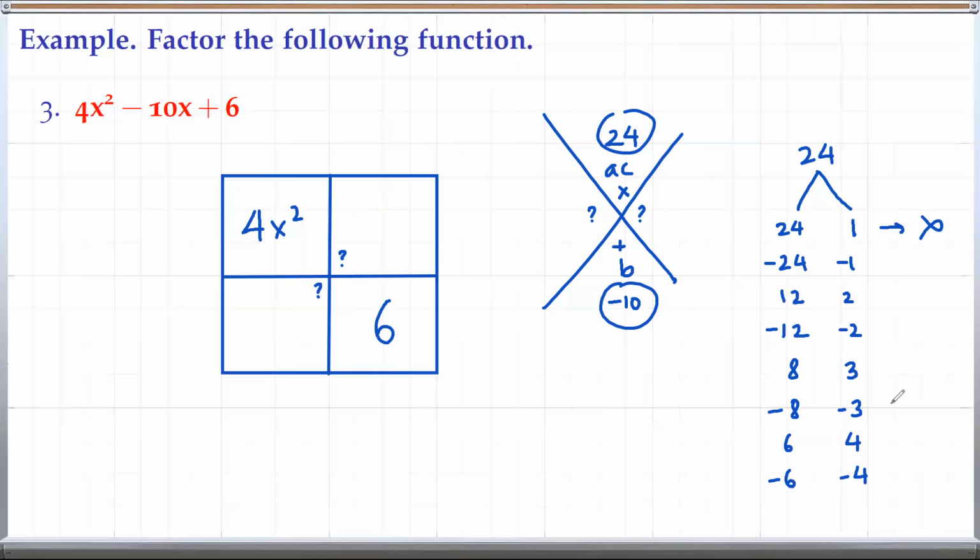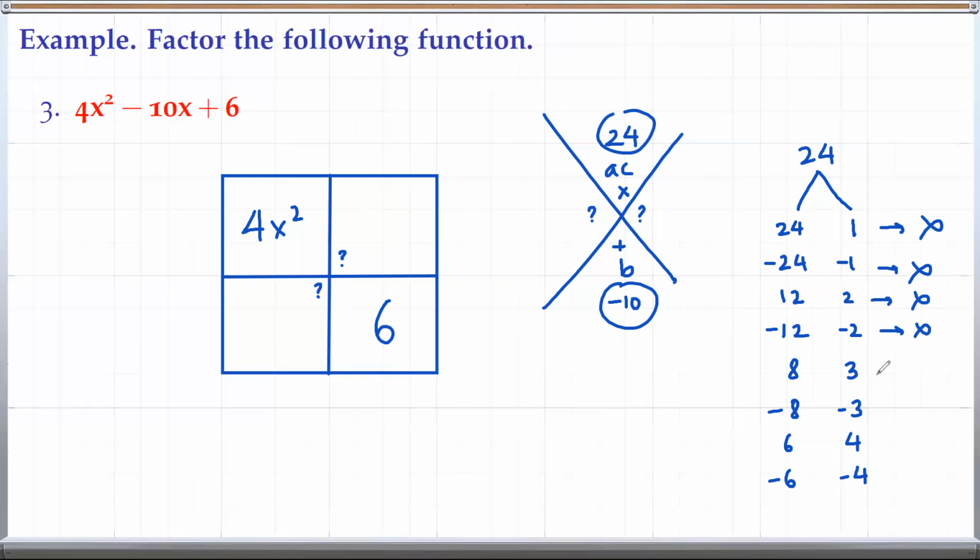I think these are all possibilities to get product 24. So let's see which one over here in this list will give us sum -10. -24 minus 1 is -25. So this one doesn't work. 12 plus 2 is 14. That one doesn't work. -12 minus 2 is -14.